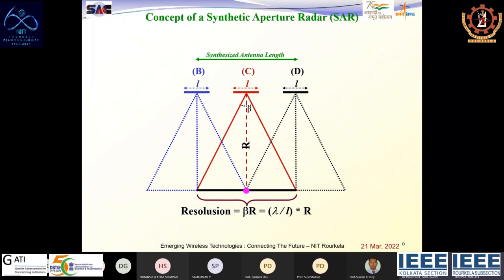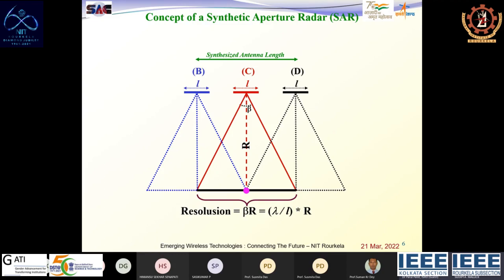That's where you will get the signal from the entire footprint. If your target is at the center, say position C, then when your antenna is at position B, this is the first time it starts sensing, and at D, that's the last time within the beam width that it will see the target.